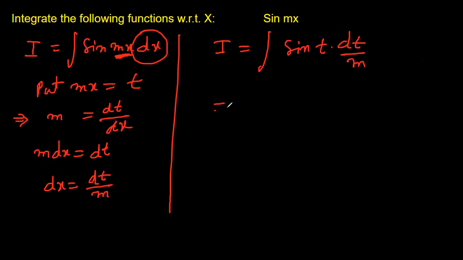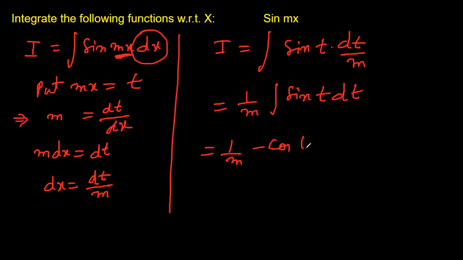Now this function is reduced to standard form: 1 by m sine t dt, and integration of sine t we know, 1 by m as it is. Integration of sine is negative of cos t plus c.